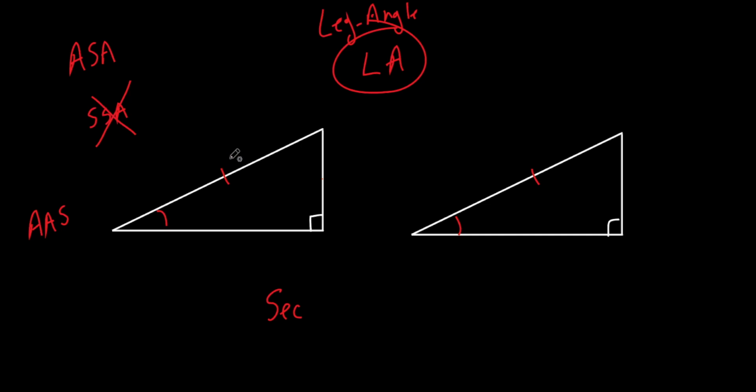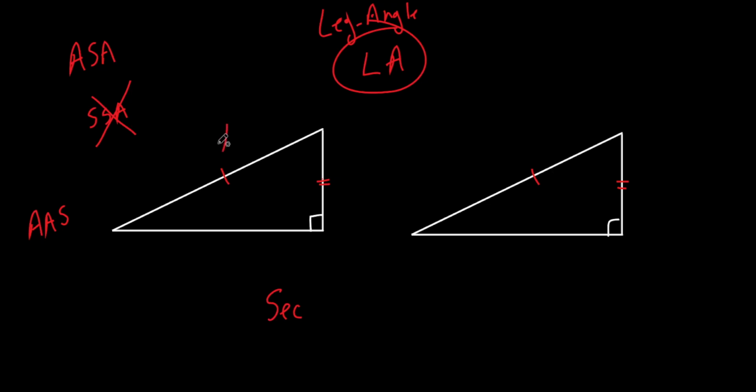I'm getting ahead of myself. This one right here is what I wanted. Do you agree with that? So this would be a side-side-angle situation, wouldn't it? But when it's a right triangle, these are congruent triangles.